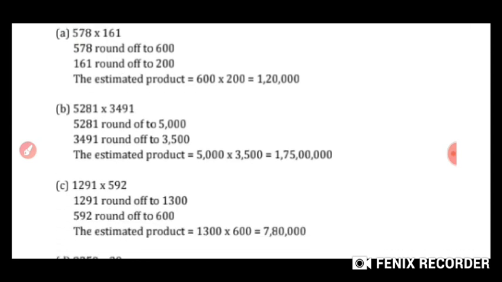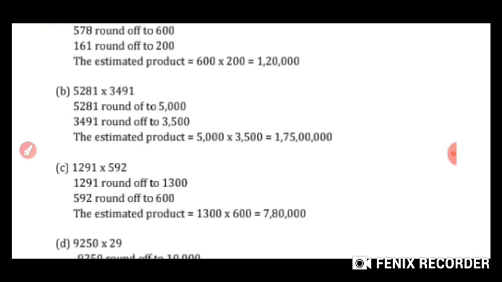Another example: here we have 4 digits, so we round to the 1000 place. Ones place is 1, tens place is 8, hundreds place is 2, thousands place is 5. The digit after 5 is 2, a weak number, so you write the same, 5,000. Then for the next number, after 3 there is 4, which is also a weak number.